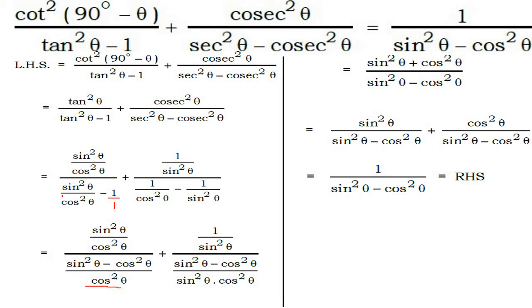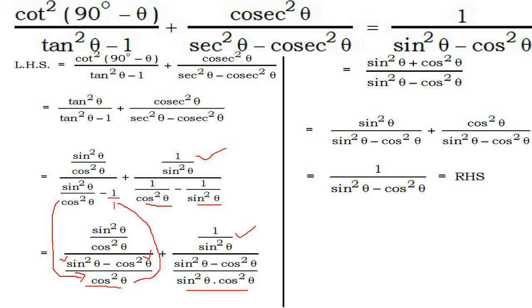So 1 into sin square theta is sin square theta, minus 1 into cos square theta, which is cos square theta. Then again the numerator is as it is, and the LCM of cos square theta and sin square theta is sin square theta cos square theta.